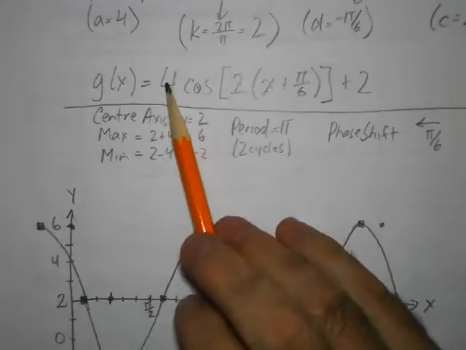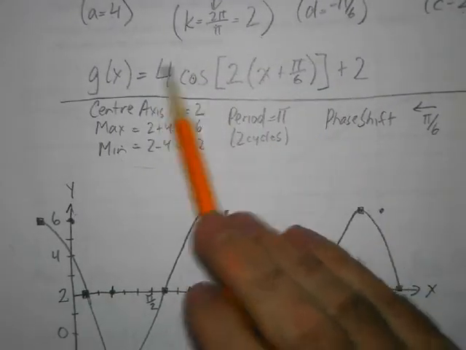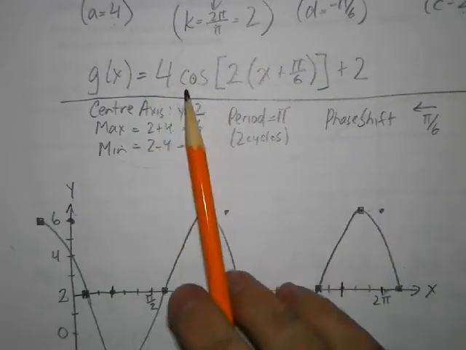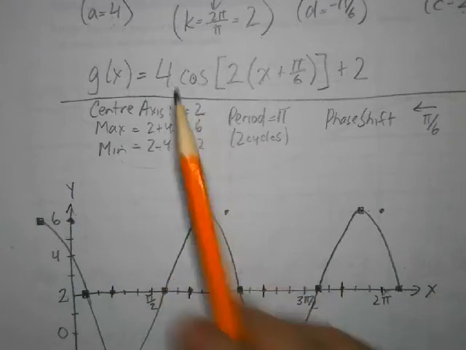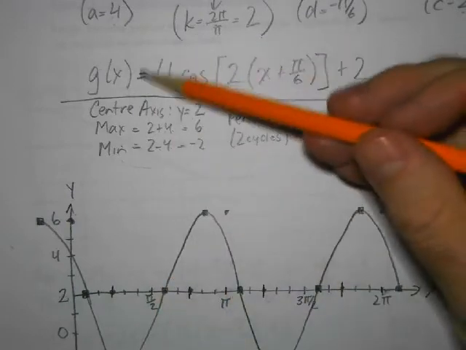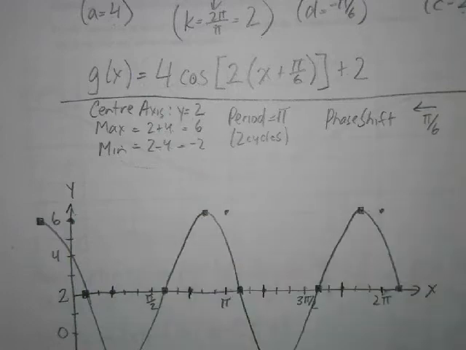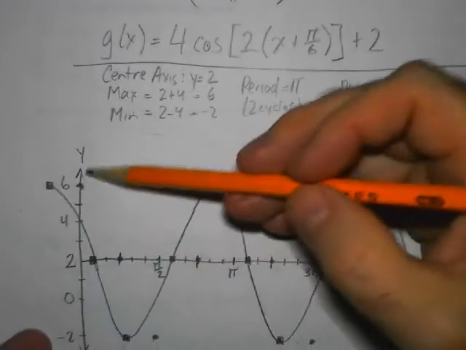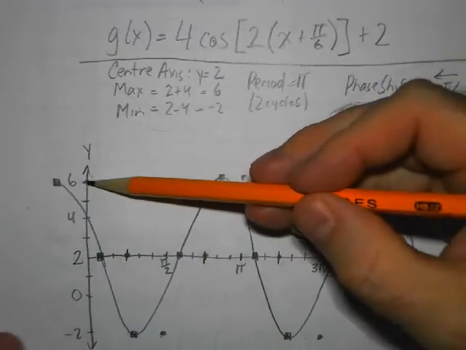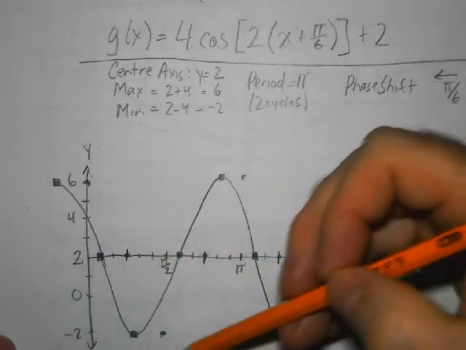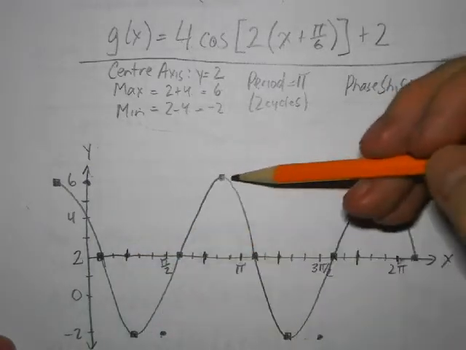Since a is 4, the function we're going to start from is just cos x. It's not negative cos x because it's plus 4. So cos x always starts at the maximum, goes to the middle, down to the min, and then back up to the maximum eventually.